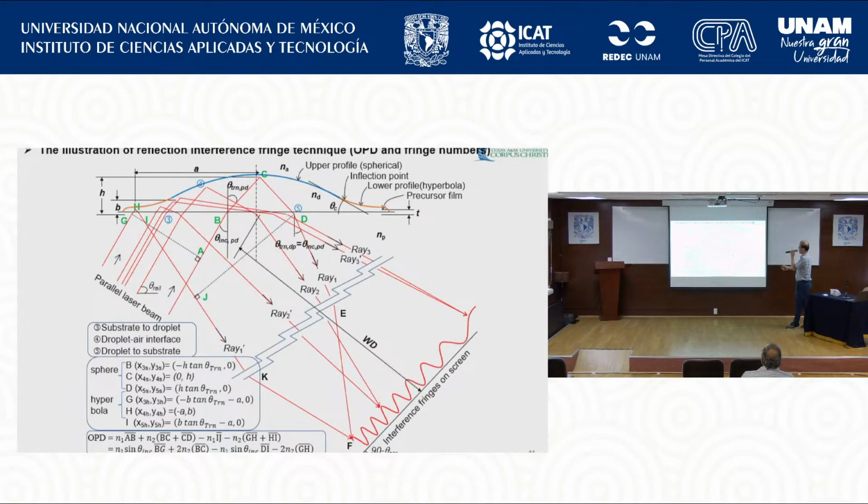So now we are on the go. We conducted geometric modeling for the fringe generations, right? And also we calculated the optical path difference between the convex and the apex, reflected rays, and the edge regions reflected rays.